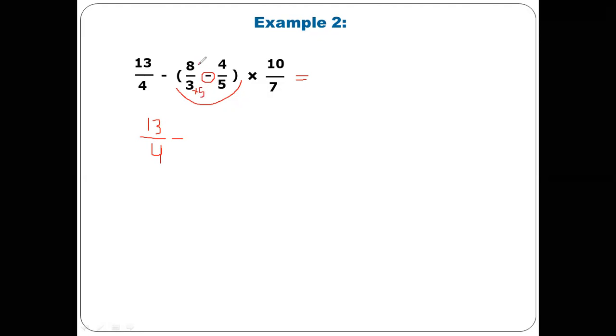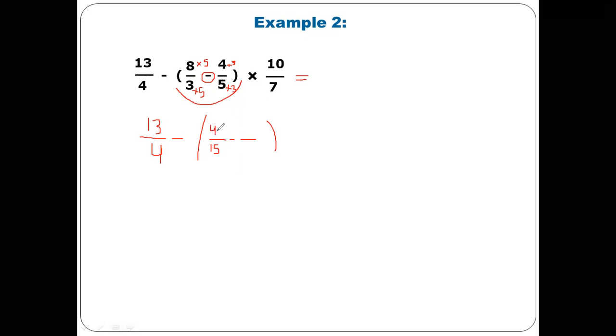So I multiply the first one by 5 up and down, and the second one by 3 to get 15 in the denominator. I keep the parentheses now in this step because I'm not done yet. I'm just creating same denominators in order to subtract the fractions inside the parentheses.